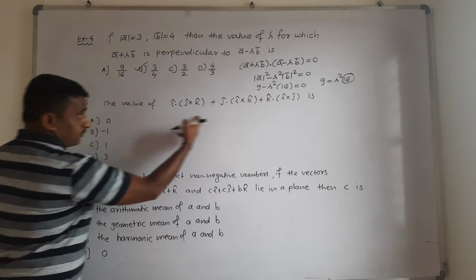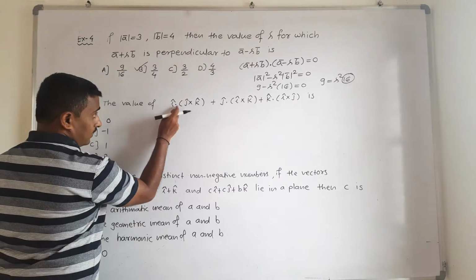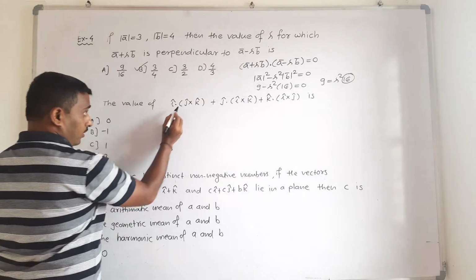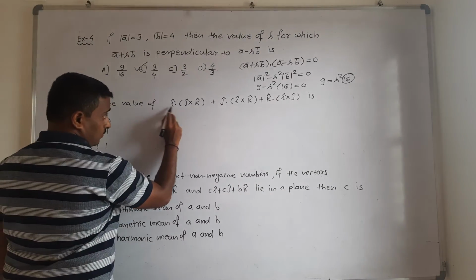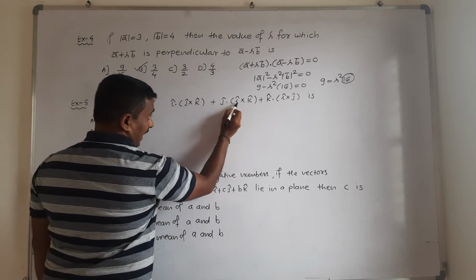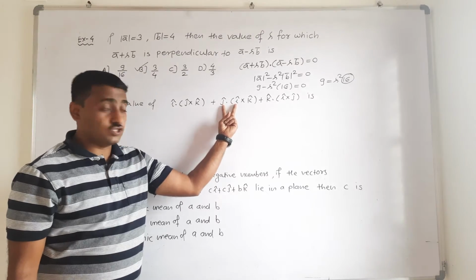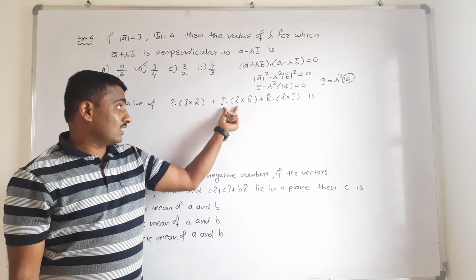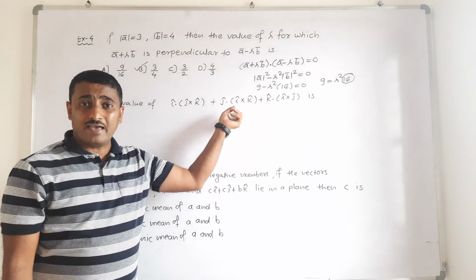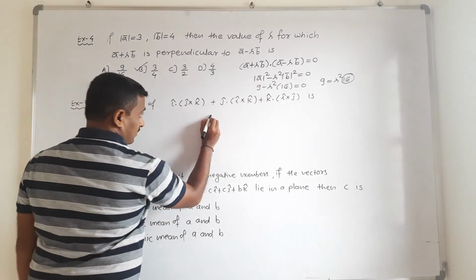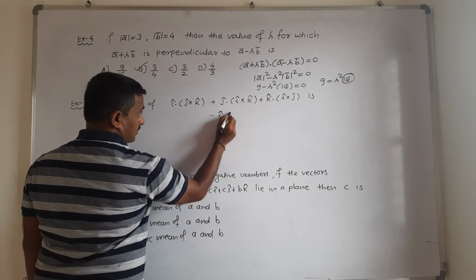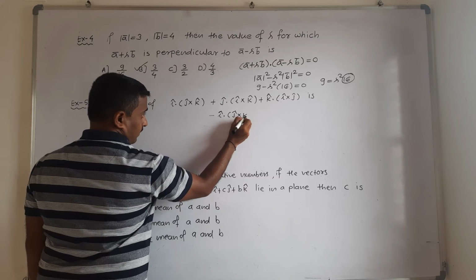Next, the value of this. Now this is a dot cross, a scalar triple product, therefore the standard sequence is i, j, k. Now here j dot i cross k, if I make a single interchange, j and i, the value changes by sign. Therefore I write minus i cap dot j cap cross k cap.